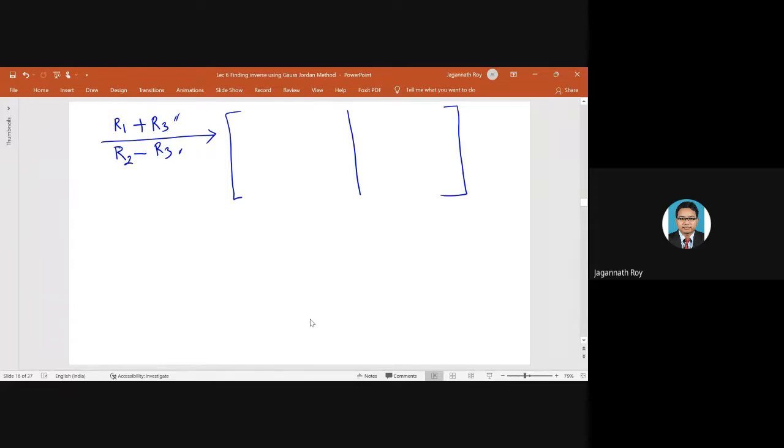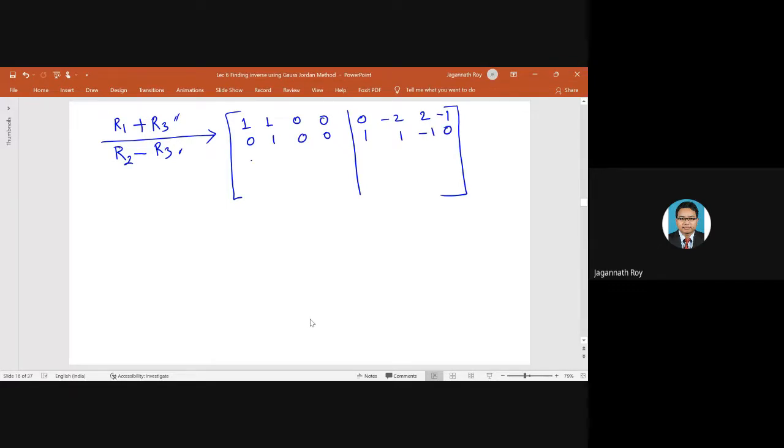So for this reason, we'll have 1, 1, 0, 0, and then 0, it becomes minus 2, 2, and minus 1. Then it becomes 0, 1, 0, 0, then 1, 1, minus 1, 0.